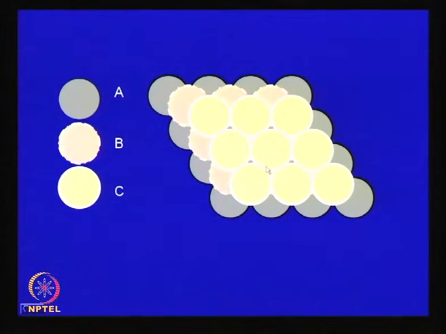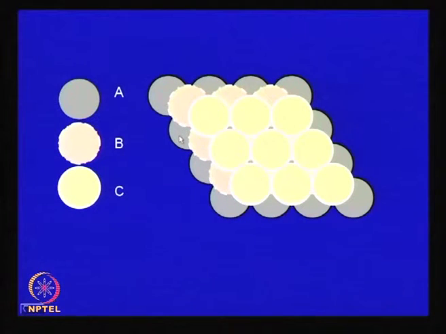Now, in a face centered cubic structure, if you look in detail, these are the 4 corner atoms of the cube, and this is the face center atom if you look from this side. In case of hexagonal structure, the third layer, the C, does not exist.